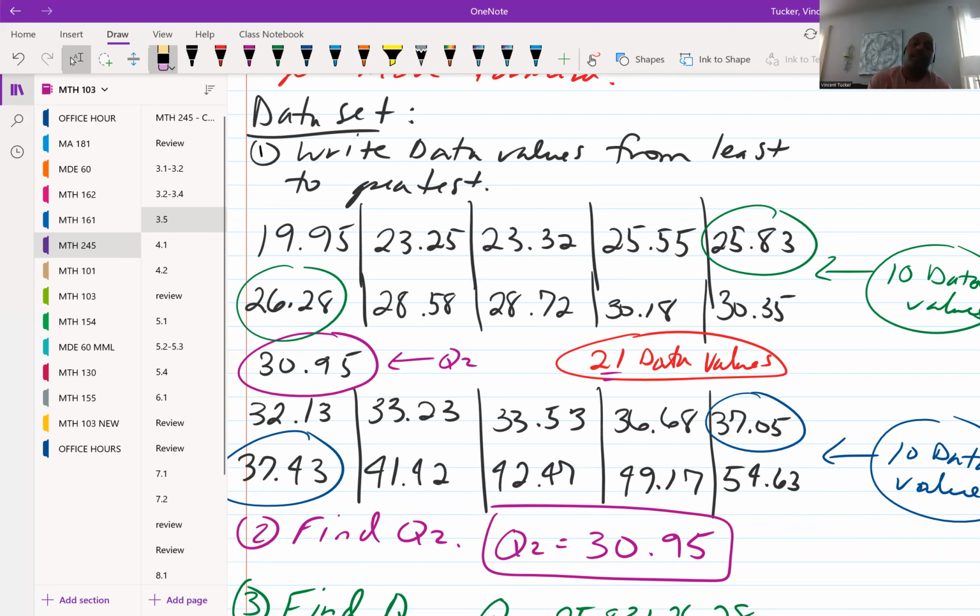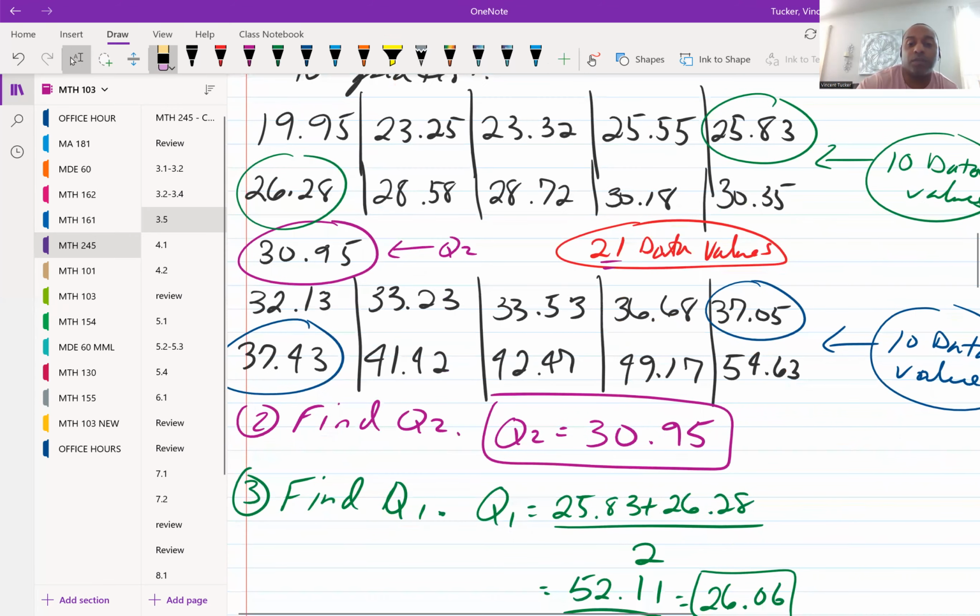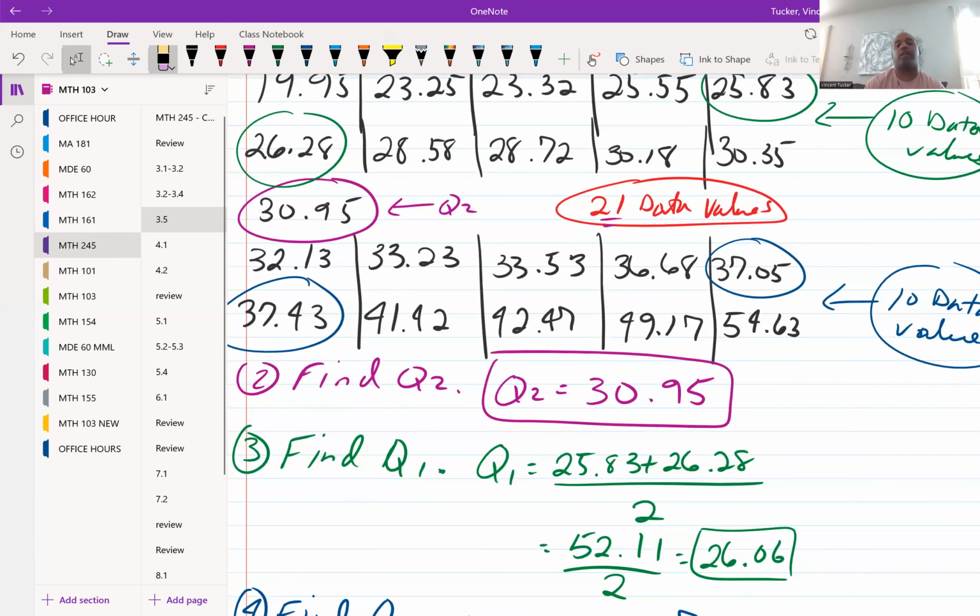Since I have 10 data values in my first half of data and 10 in my second half, I don't have a legit middle number because I have an even number of data values. So I'm going to take the two middle numbers, add them together, and divide by 2 in both cases. For Q1, to find my median, I took 25.83 plus 26.28 divided by 2, and that gives me 26.06.